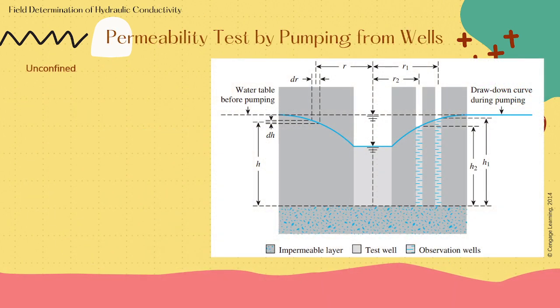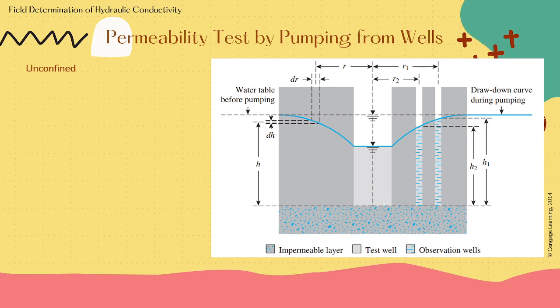So now that we have discussed the permeability test in the laboratory, let's now proceed to the field determination of hydraulic conductivity. So we have two cases. First is the unconfined aquifer and the second one is the confined aquifer.